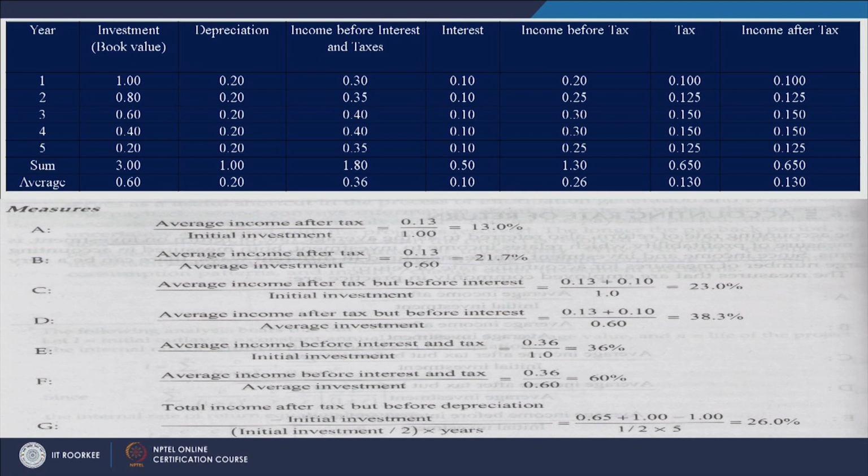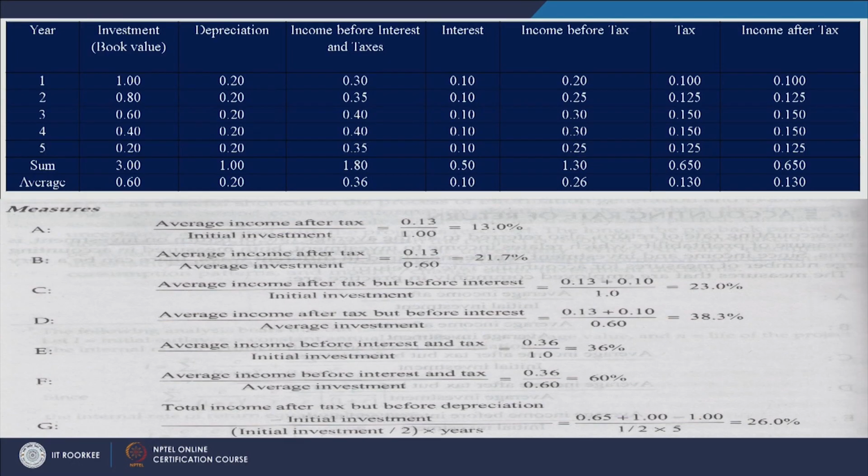It's 0.13. So average income after tax is 0.13 divided by initial investment, which is 1. Let us look at the second measure: average income after tax 0.13 divided by average investment. In the first formula it was initial investment, now it is average investment, which is 0.6.